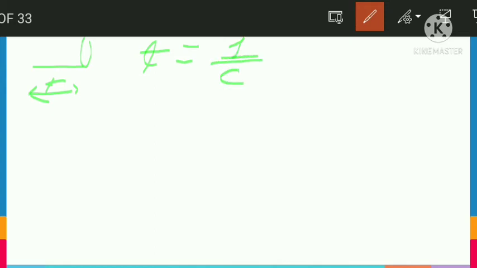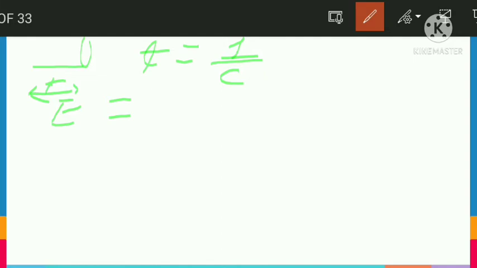Next part says we have to find the number of photons in each cubic meter near Earth's surface. Actually, 1 cubic meter we can realize as a length of 1 meter and a cross section area of 1 meter square. So the time taken by light to travel a length of 1 meter, filling a cross section area of 1 meter square, will be T equals length upon velocity, 1 by C. So we can write total energy in that 1 cubic meter equals power into time, and power is actually our intensity if we take it in 1 meter square.